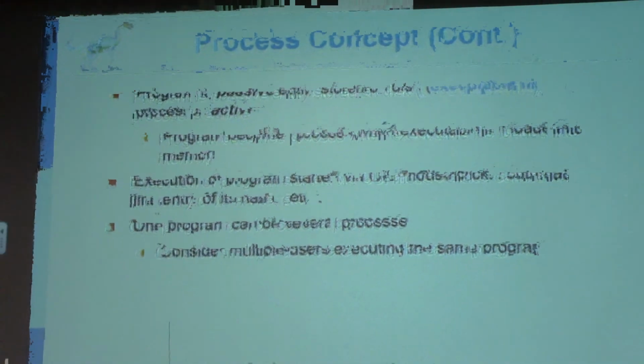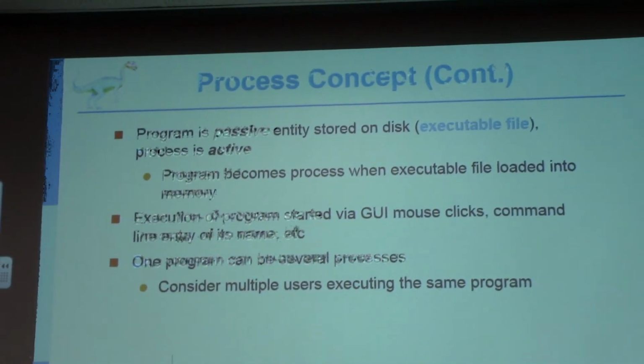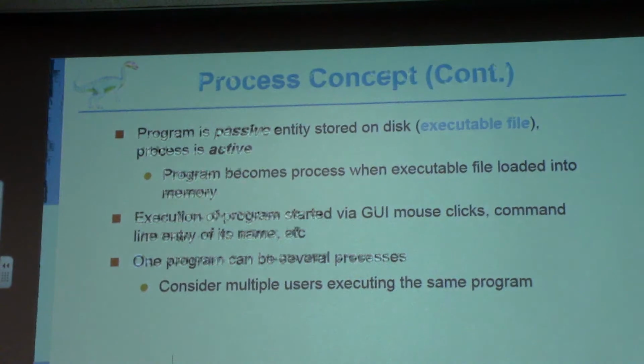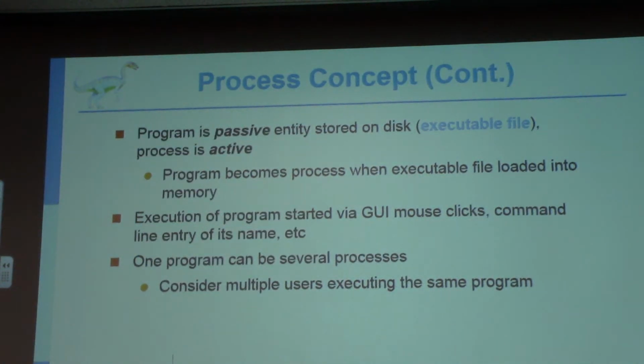How can we execute the program? Using an interface program. Sometimes it can be a shell program. Using such a shell program, such as Bourne shell, C shell, Korn shell, Bash shell, what else, Perl, you can execute.